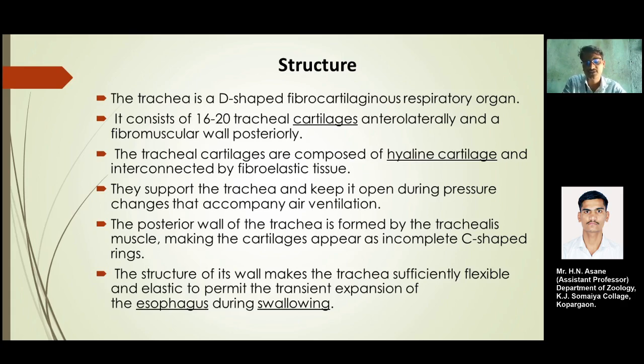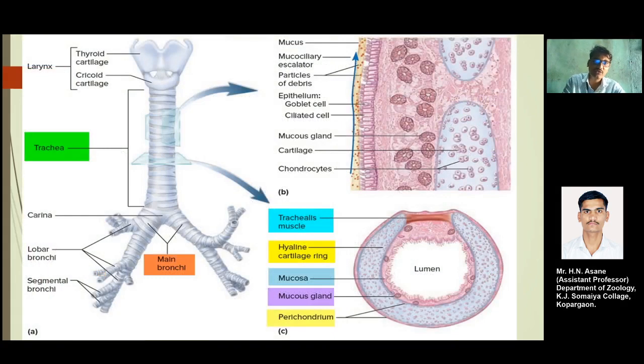with the esophagus. Okay, so as you can see in this picture, this is the larynx region, which is composed of the thyroid cartilage as well as the cricoid cartilage. These are made up of hyaline cartilage.